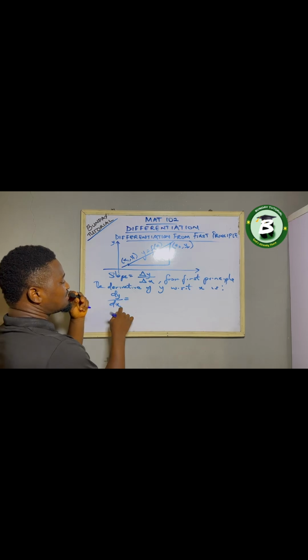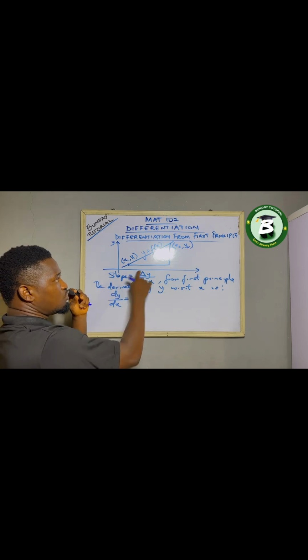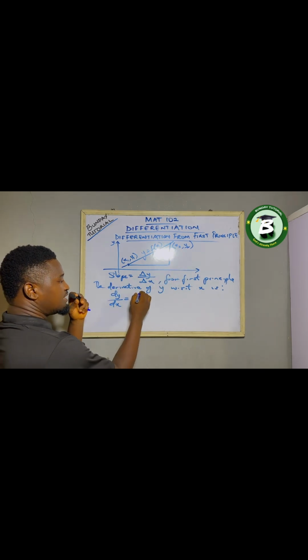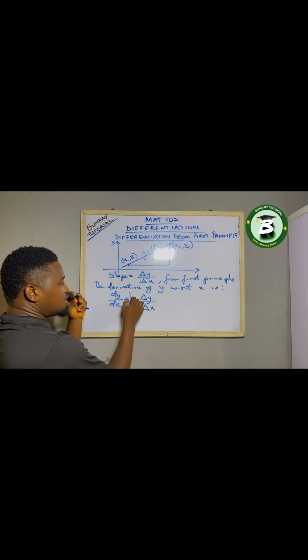So that means we are saying that derivative, which is dy dx, is also the slope of that graph, but there is a difference. It is also the change in y over what? Change in x, but you take the limit as delta x tends to what?